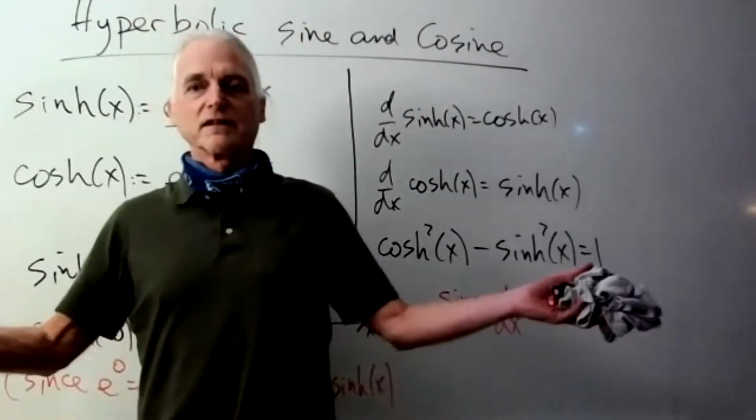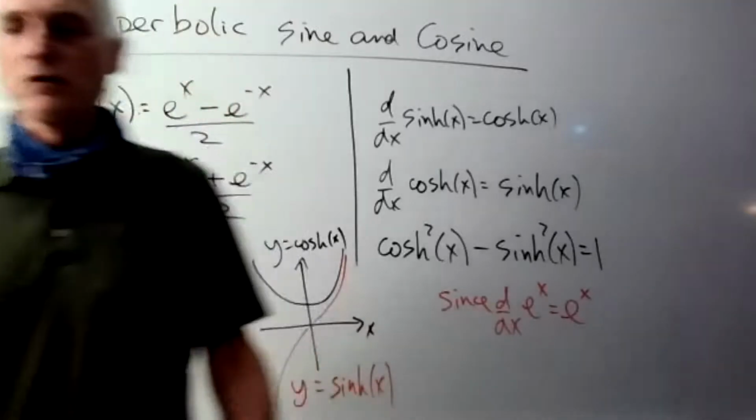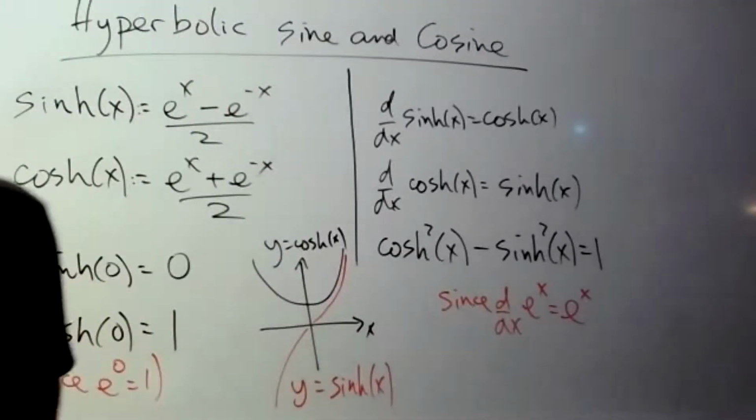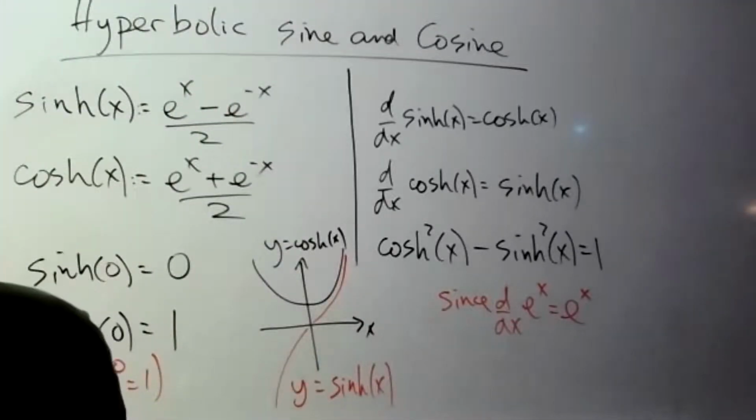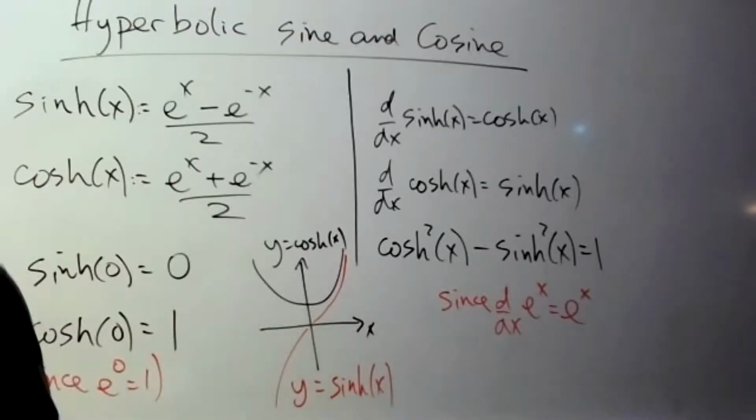All right. So hyperbolic sine and cosine, they're pretty cool. I want to show you a few pictures of them too. I've drawn the pictures, but let's share the screen.